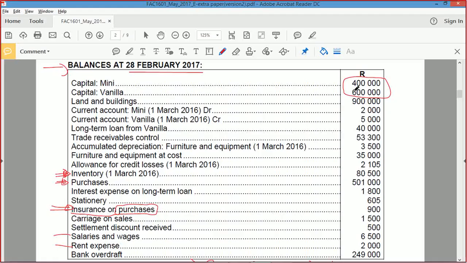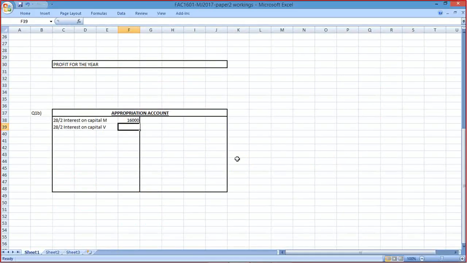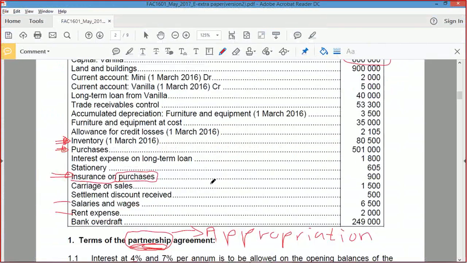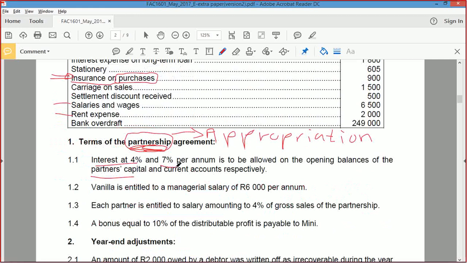V, 600,000. That's the capital. So interest on capital is 4%, so 4% of 600,000. Right, so 400,000 times 4%, 600,000 times 4%.